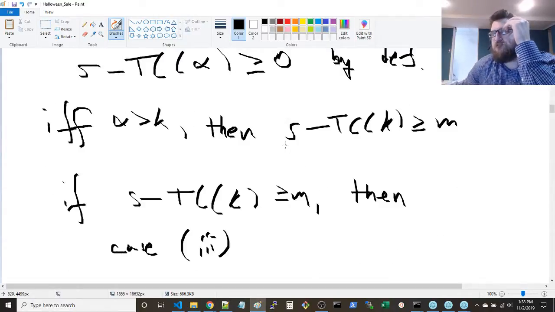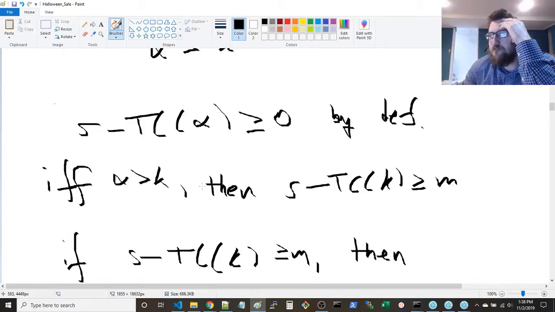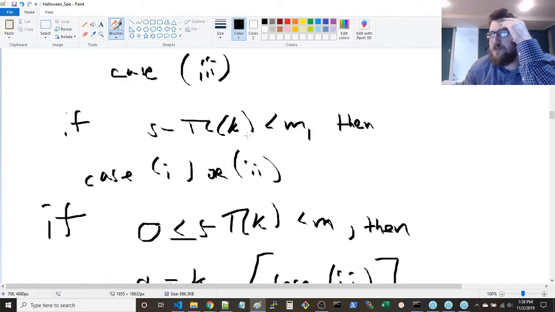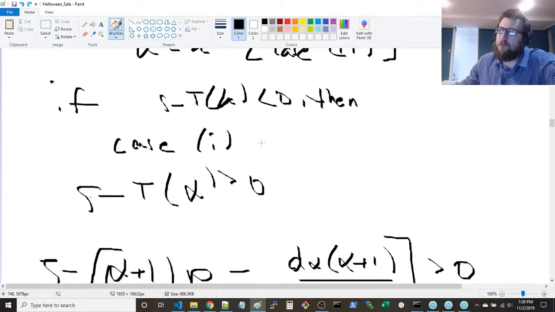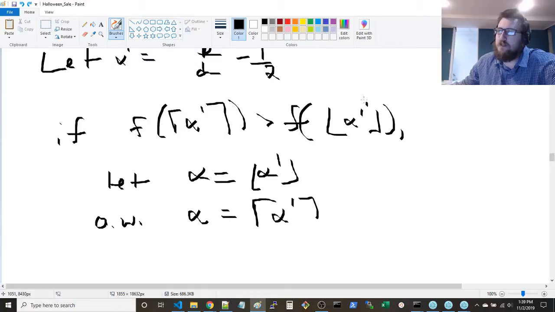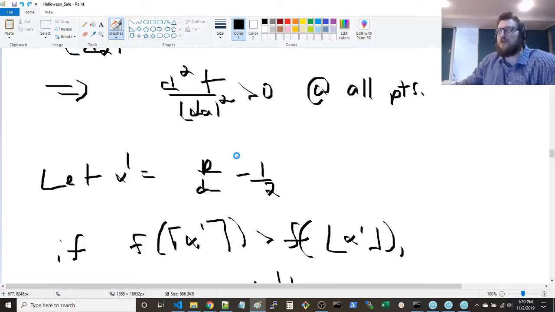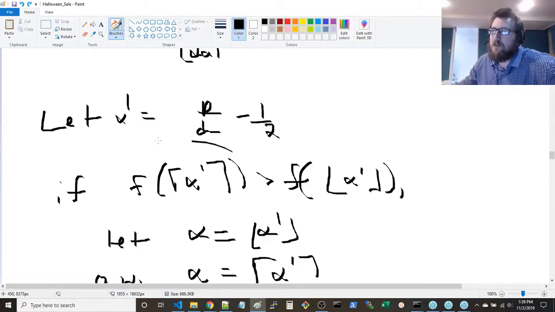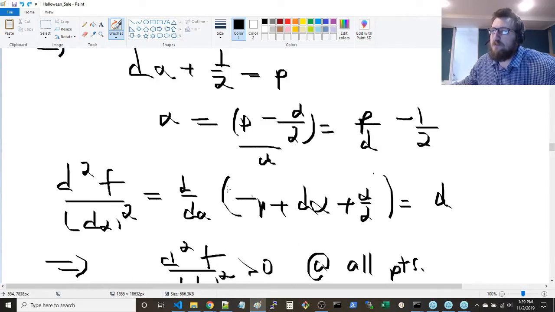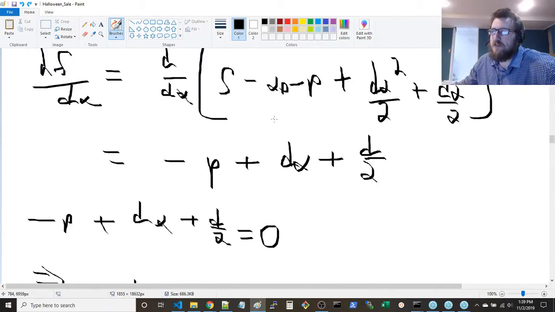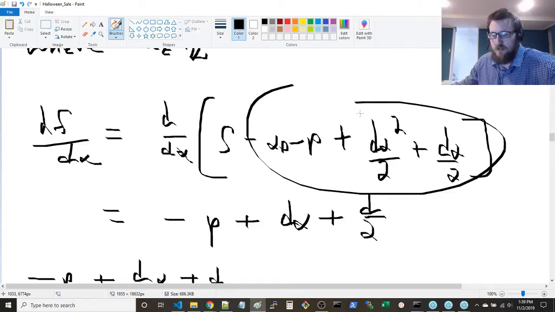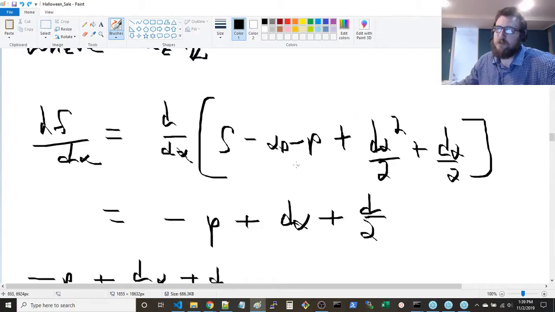So this is case 2. If you're in case 1 or case 2, then you're going to calculate this guy, P over D minus a half, and then compare this function one to the other, which is this guy's S minus this expression, and you pick which one is better.